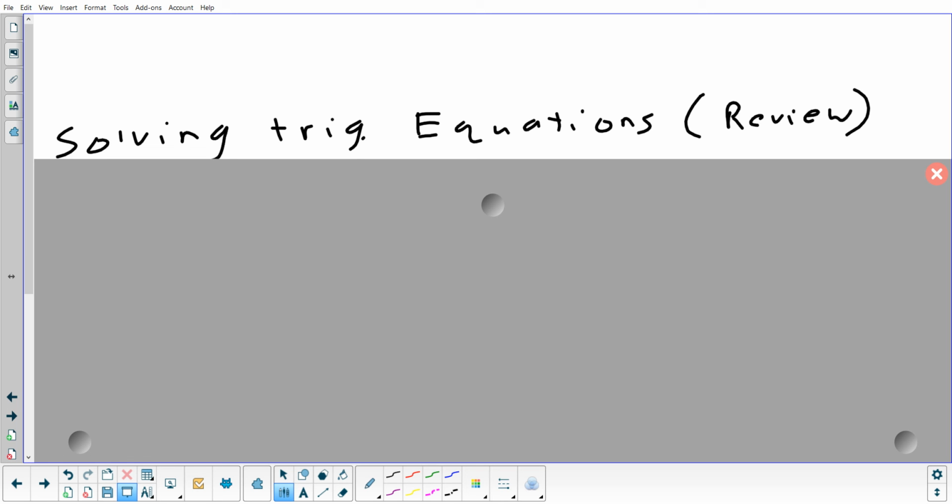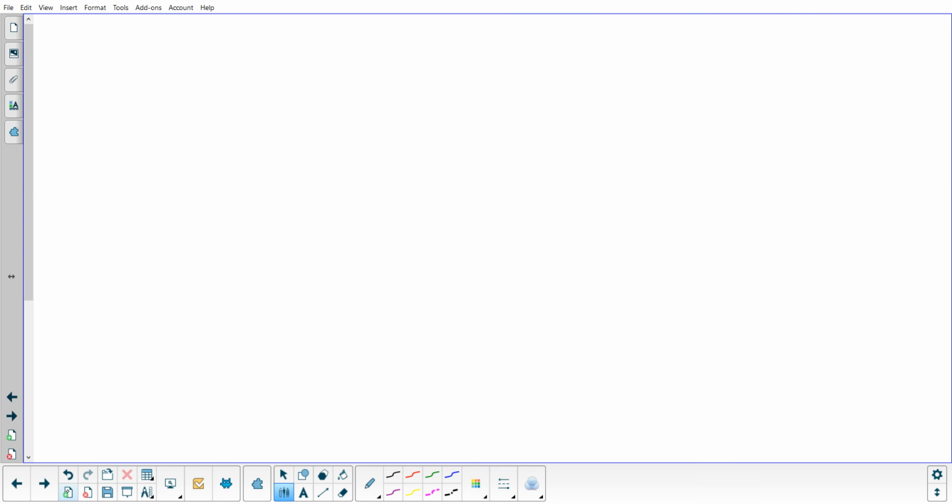Yeah, like a wave. So let's say I had you try to solve a problem like this. Sine of x would be a wave. And what would y equals 0.5 look like? Yep, a straight line at 0.5. Just a horizontal line at 0.5.